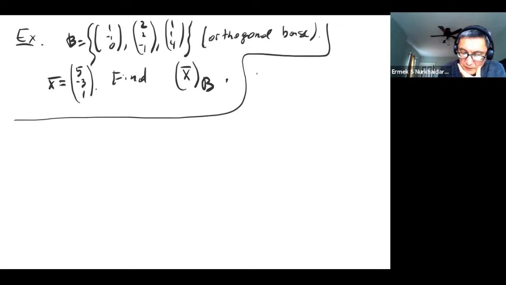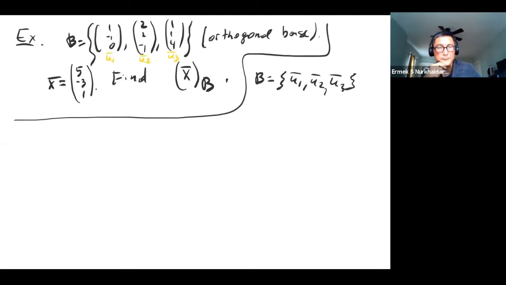I'm going to write B as u1, u2, and u3. So this one is u1, this one is u2, and this one is u3. Kind of easy to write the things.